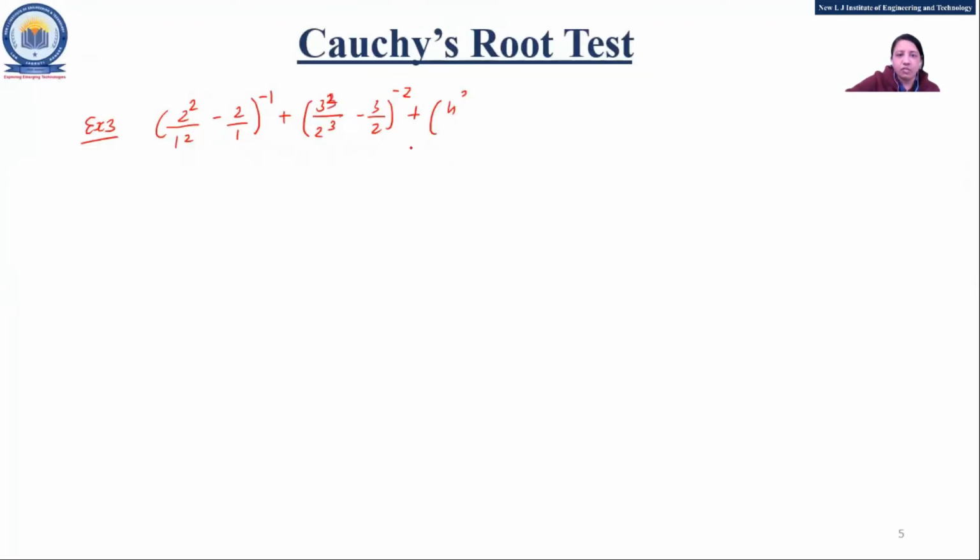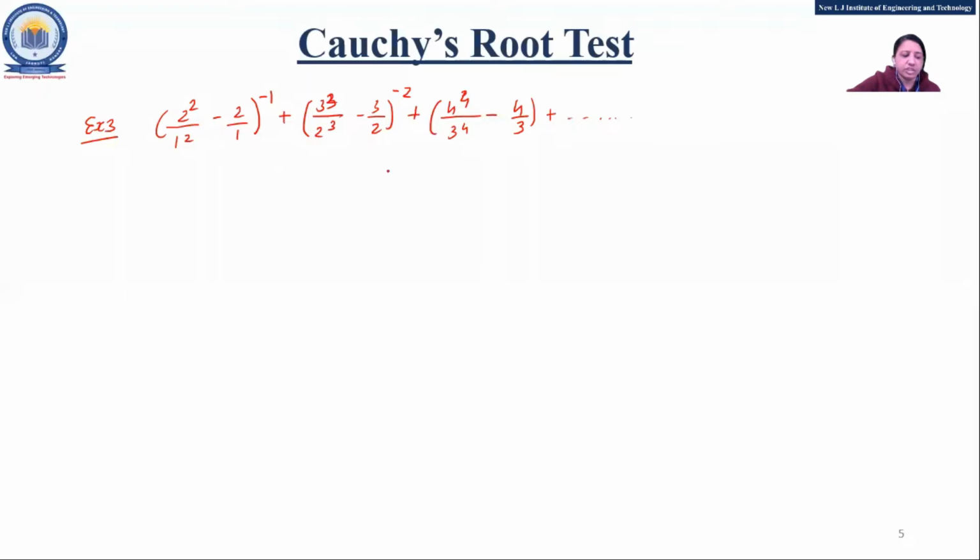Yes. Now 4 raised to 4 upon 1 less than that, so 3 raised to 4 minus 3 by 2, so here it is what? 4 by 3, whatever is here.